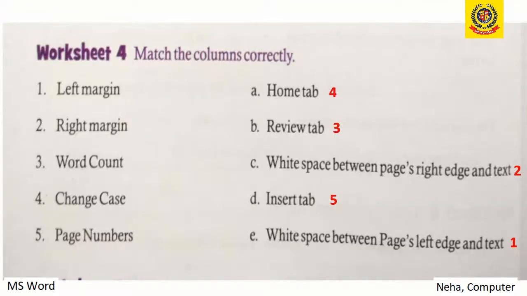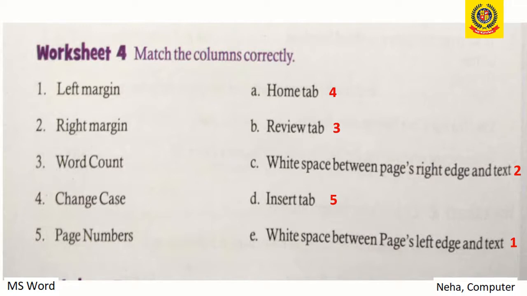Now moving to worksheet 4, left margin, it is white space between the page's left edge and the text. Right margin, it is the white space between the page's right edge and text. Third, word count, it is found in the review tab. Fourth, change case, it is found in the home tab.